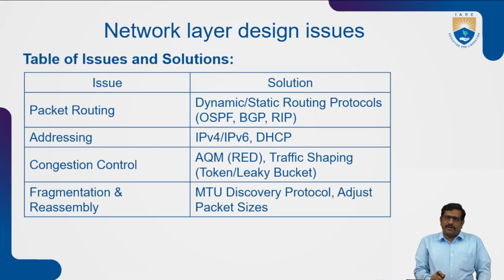Congestion control uses traffic shaping and the token bucket or leaky bucket algorithm to control congestion. For fragmentation and reassembly, MTU discovery protocols can be used, adjusting the packet size to suitable frames. Whatever packet size is available for transferring, the frames will be allocated based on that.